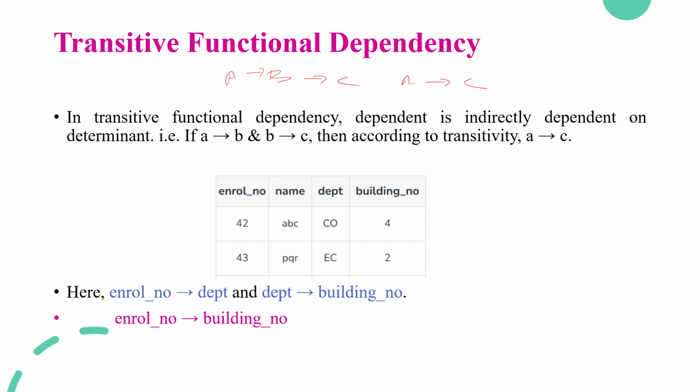In this relation, enrollment number determines the department and department determines the building number. So I can say enrollment number can determine the building, right? It is indirect. Hence it is a transitive functional dependency.